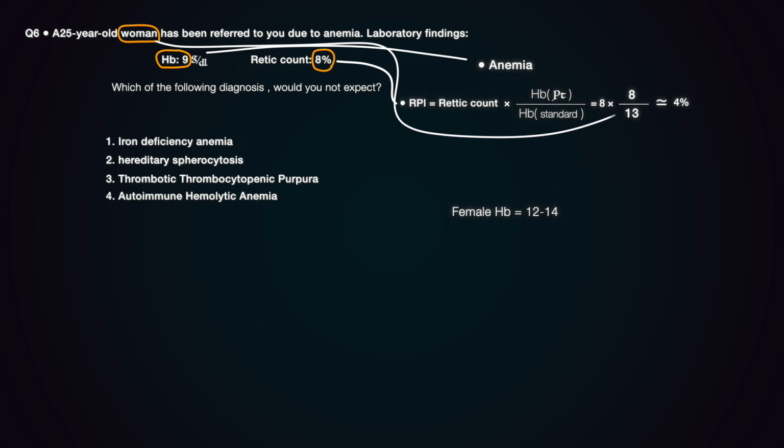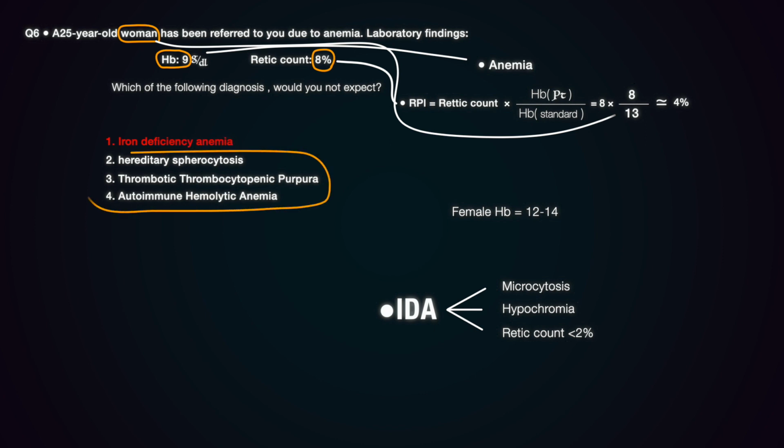Iron deficiency anemia is obviously a hypoproliferative anemia with microcytosis, hypochromia, and a low reticulocyte count. So the correct answer is option 1. In the other options of this question, we expect hemolysis, which will be discussed individually in a separate video.